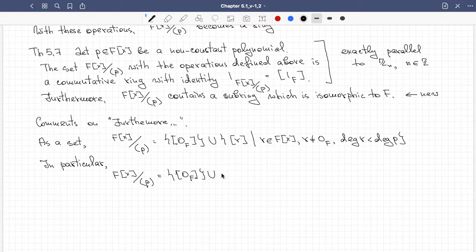And among polynomials which have degree smaller than degree p, we started with a non-constant polynomial p. P is non-constant, so p has a degree which is positive. Degree p is a positive integer.